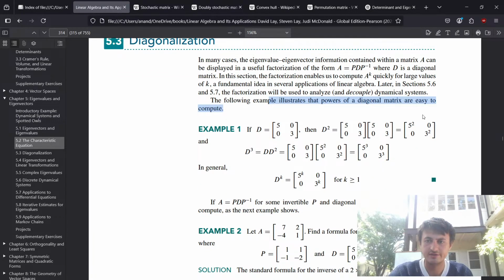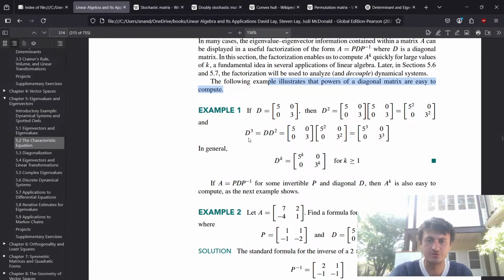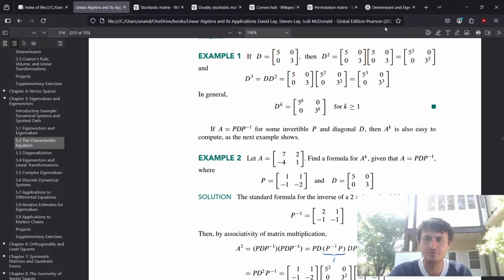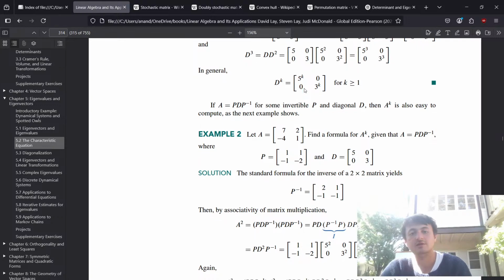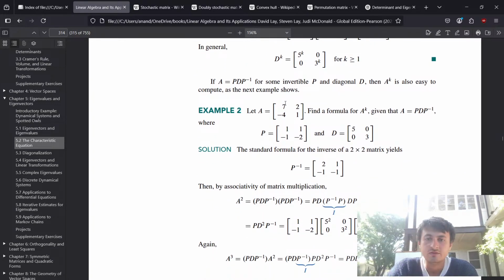Okay, so yeah, this is pretty simple. You basically just power the elements. You don't even have to do much else. Here they give you P and D, and they tell you that A is equal to P D P inverse.